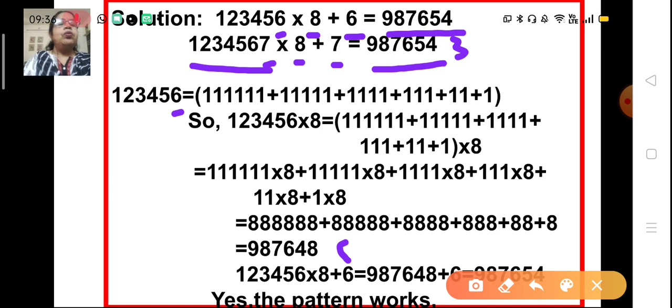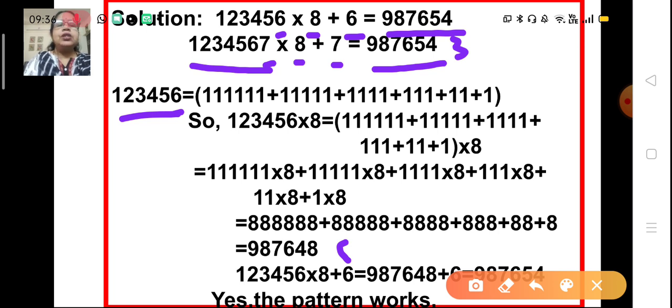Then it becomes 1111. 4 means 1111. That means 1,111. And then next one is 111. Then next is 11 plus 1. When we add these numbers, we get this one. Okay, 1,23,456. This is the expanded form.